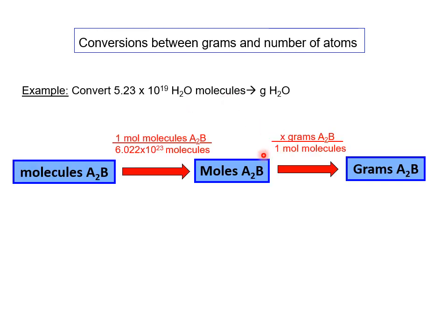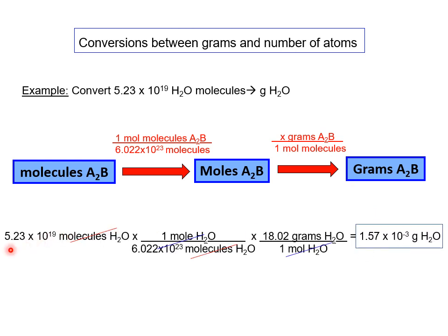So we start off with what we're given, right, which is molecules of H2O, and we have to convert molecules into moles using Avogadro's number. And then we're going to go from moles to grams, just like we learned before, using the molar mass. So I start off with what is given, which is the 5.23 times 10 to the 19 molecules of H2O.